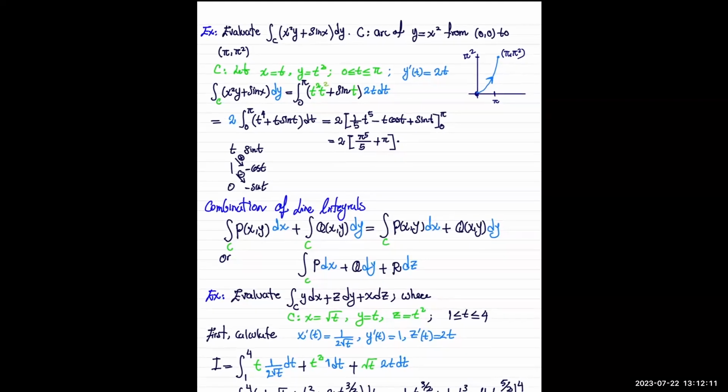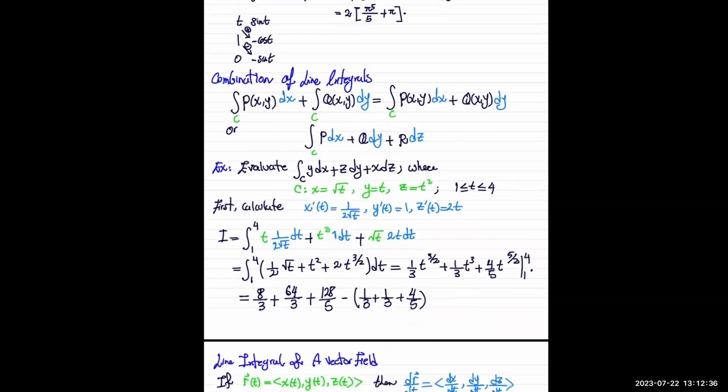And this is all just a matter of taking the given c, the given curve, whose parameterization is given, right? Plugging that into the functions and multiplying it by the proper derivative.